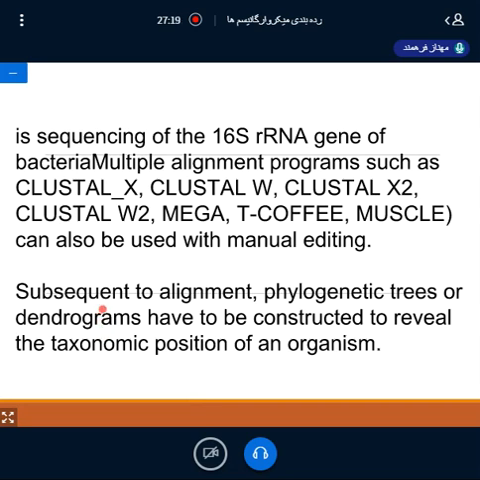So drawing the dendrograms or phylogenetic tree is needed to investigate the relationship between species.